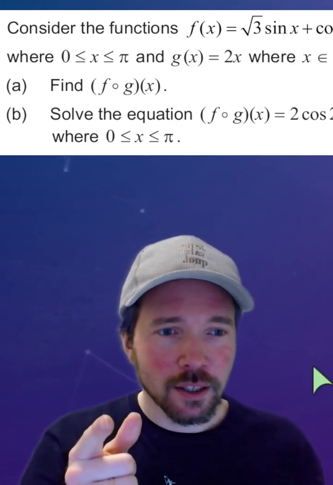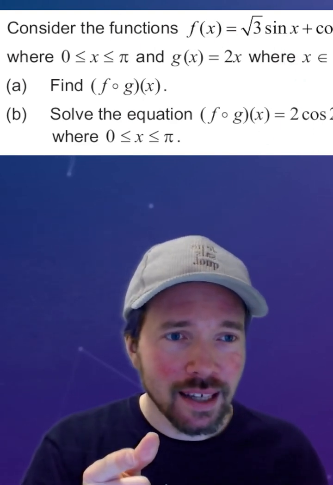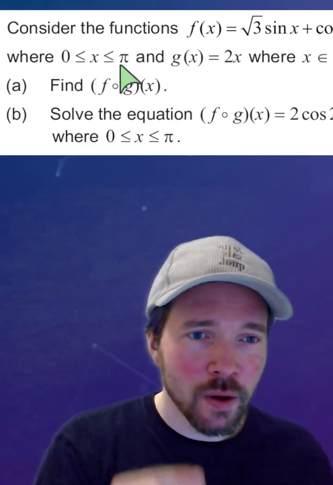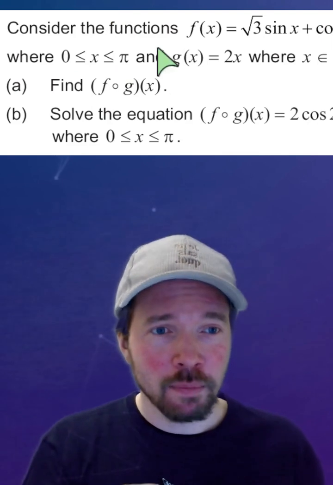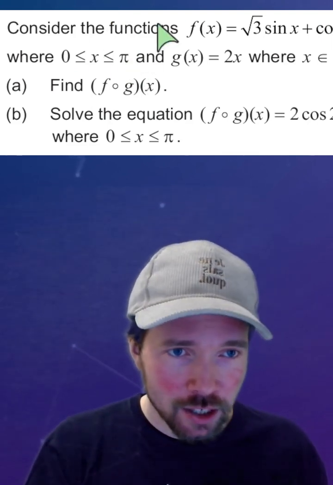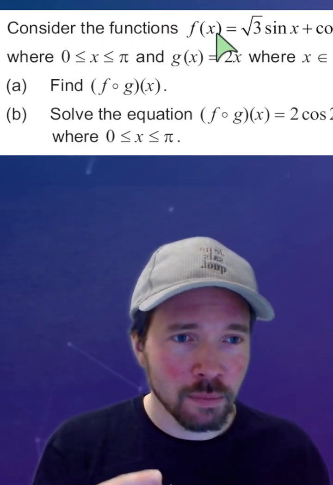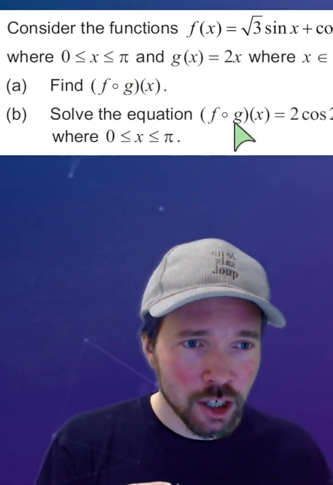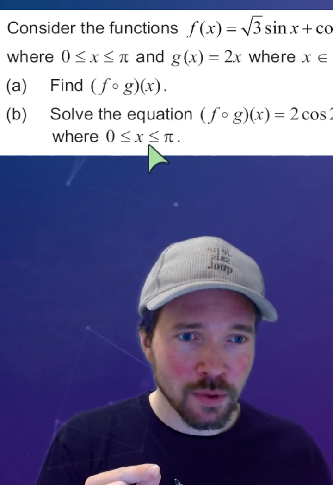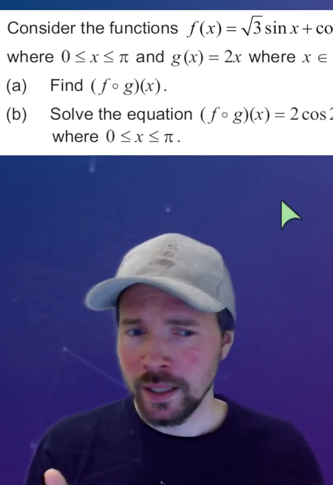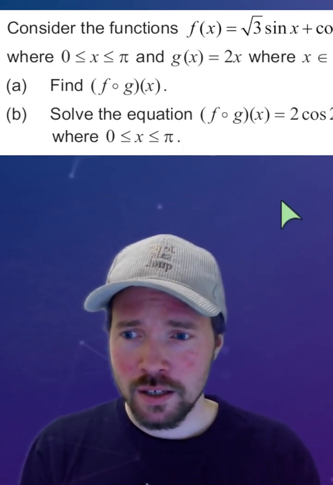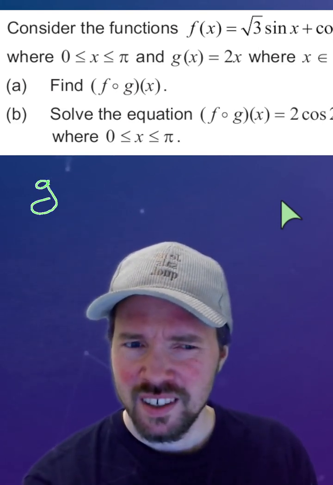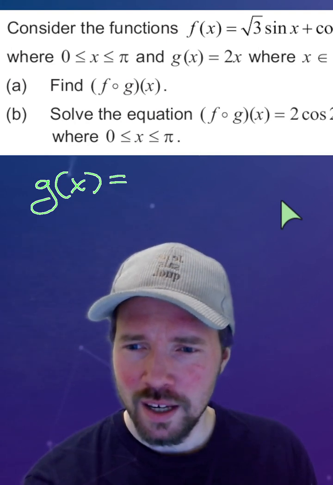Look at that. So they say here that f is defined when x is between 0 and pi. So based on what it says here, you're not allowed to put any number into f which is greater than pi. Here they're saying also that x is between 0 and pi, but g is 2x.